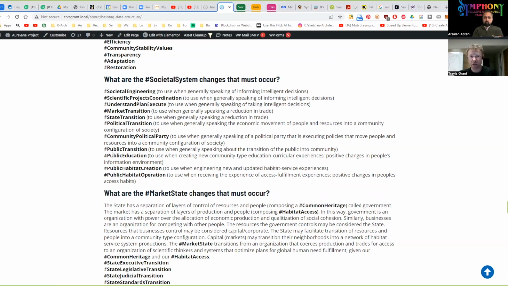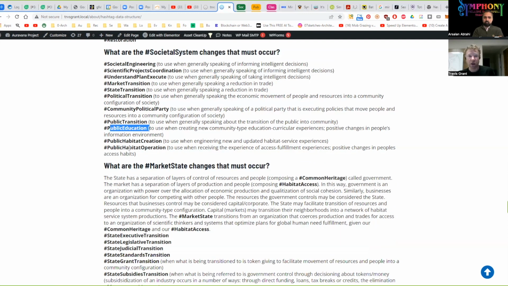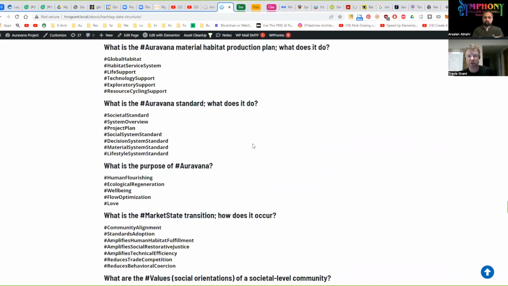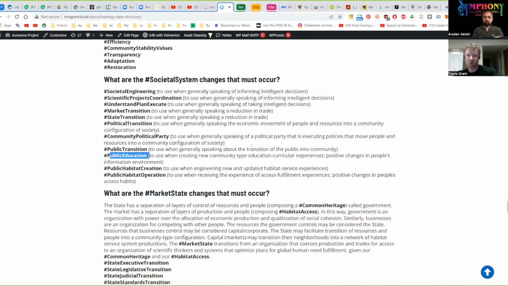Public transition, public education, increasing and improving that, because essentially we're describing a new, eventually we'll turn this into an education curriculum as well, because what should education really be based on, instead of the lag between the standards organizations now and the education that people are getting in university?